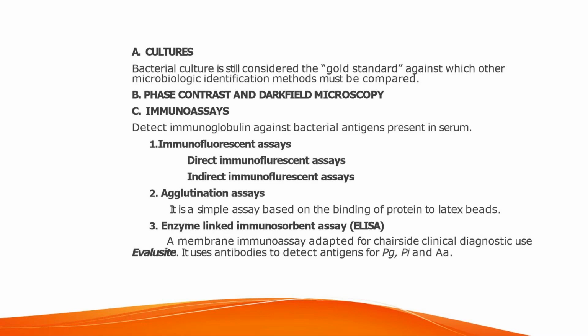We all know that ELISA is mostly used for detection of HIV. A membrane immunoassay adapted for chairside clinical diagnostic use is also available; if it is used chairside, then it is called Evalusite. It also helps us to detect certain antigens like P. intermedia, Porphyromonas gingivalis or Aggregatibacter actinomycetemcomitans.